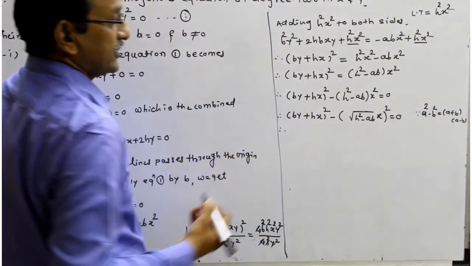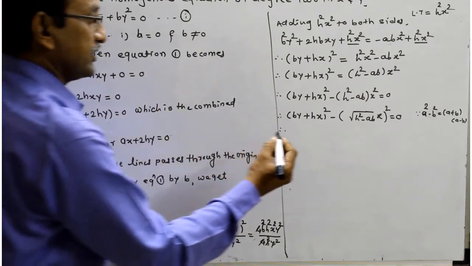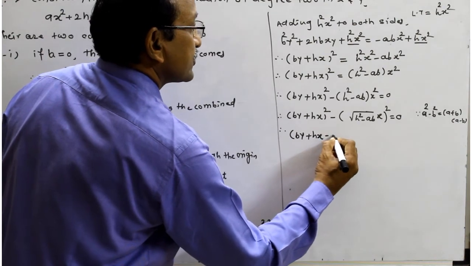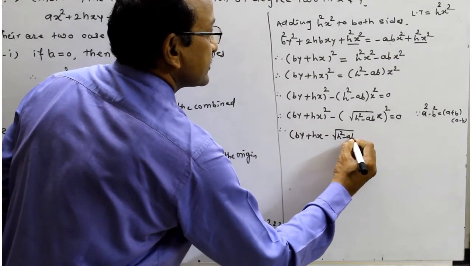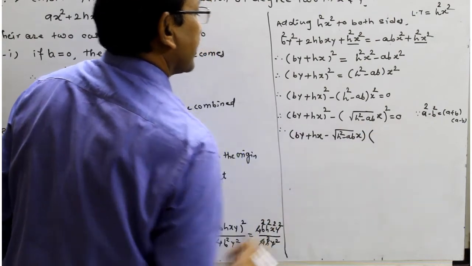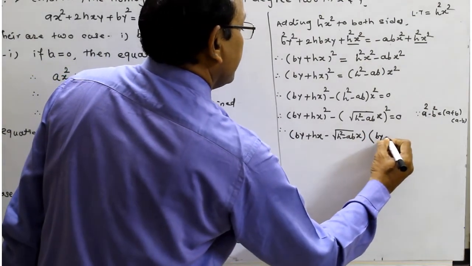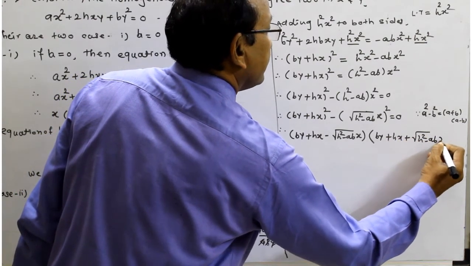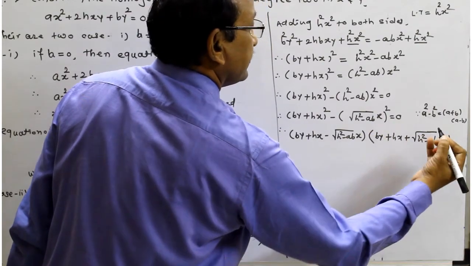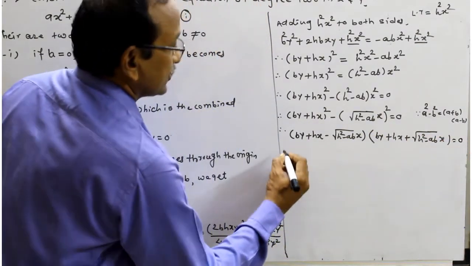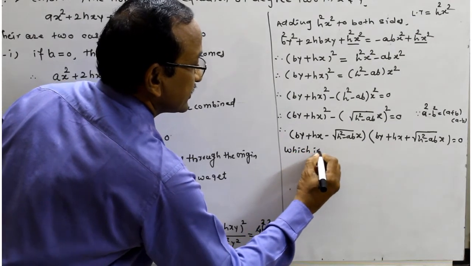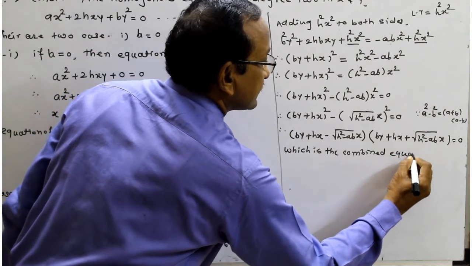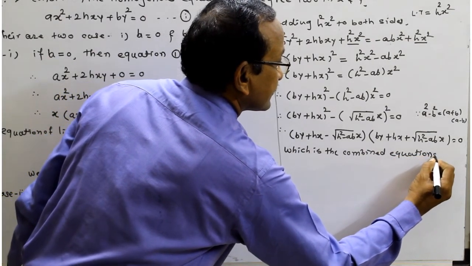And so now factorize this: by plus hx minus root h square minus ab x into another bracket by plus hx plus root h square minus ab x is equal to 0, which is the combined equation.